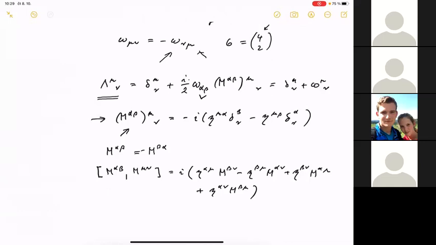This is a little bit of calculation, so I leave it to the exercises.